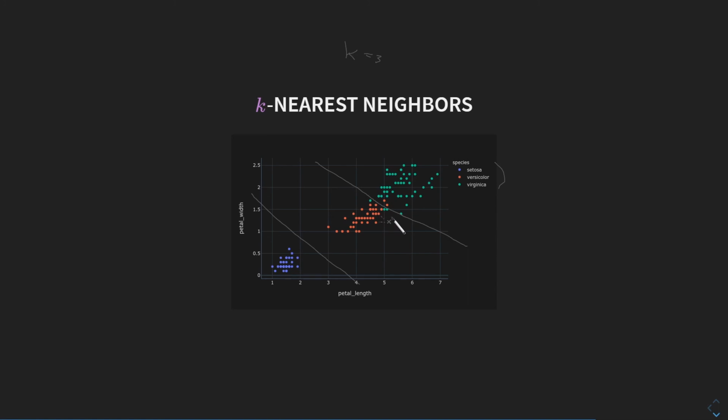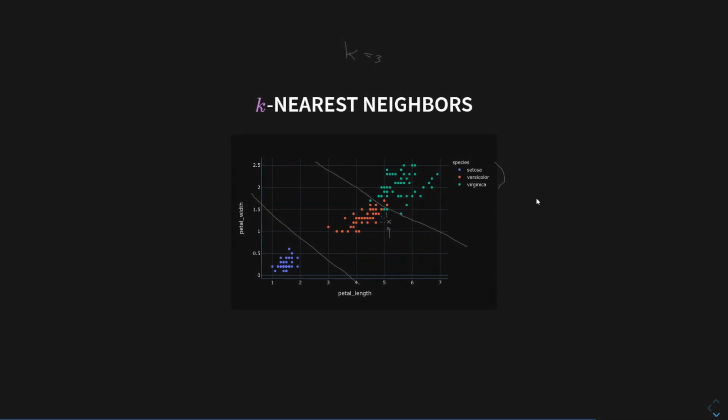This could be the second nearest neighbor. And then we have this one as the third nearest neighbor. 2 of these neighbors are versicolors and one is a virginica. So most probably this particular instance would be a versicolor. So again, this is good to remember. K-Nearest Neighbors works by memorizing everything, looking at the closest instances, and then doing the classification based on this.